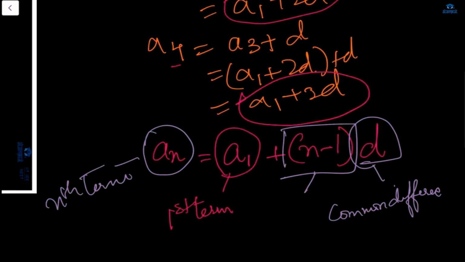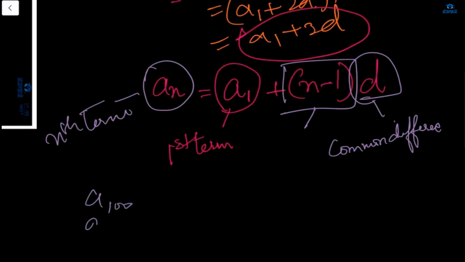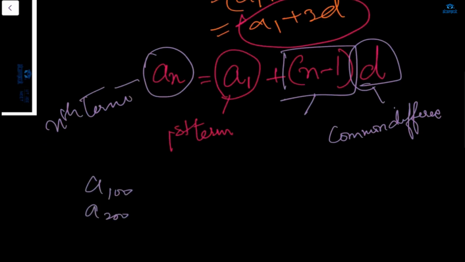So if you know the first term and the common difference, you can find any term of the AP, whether it is the 100th term, the 200th term or the 150th term.